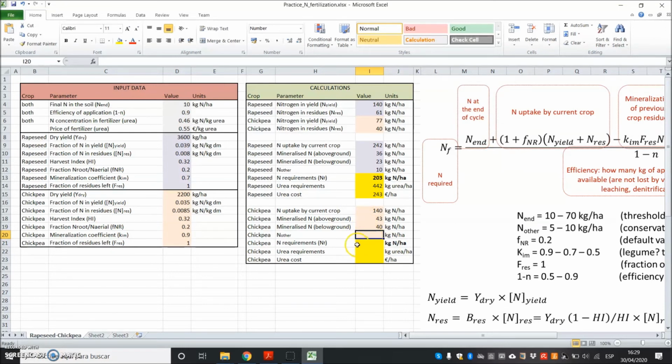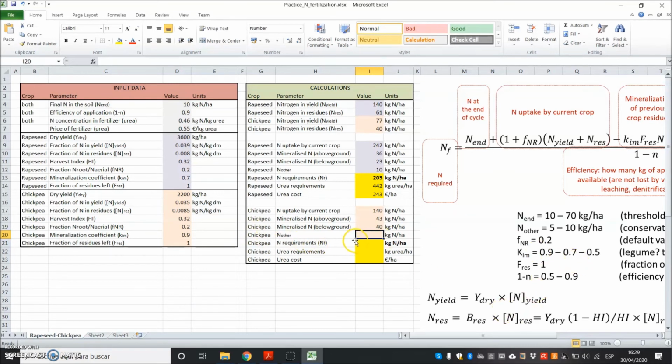Okay, in this case, the parameter of other sources of nitrogen in the system cannot be just the atmospheric deposition, because in this case we are working with a legume crop that is able to make a symbiosis with rhizobium and fix nitrogen itself.